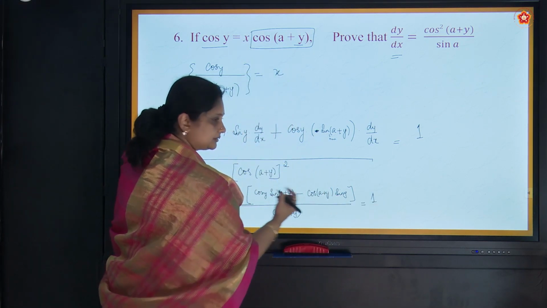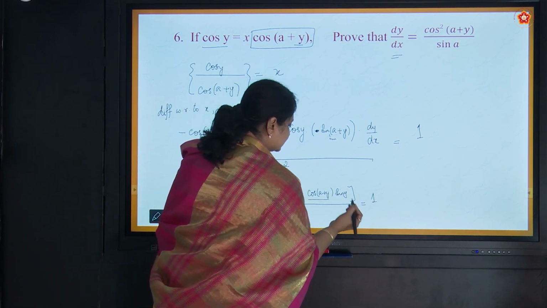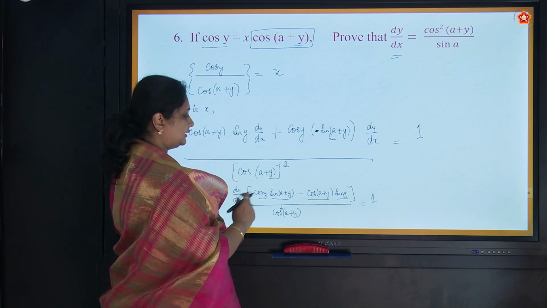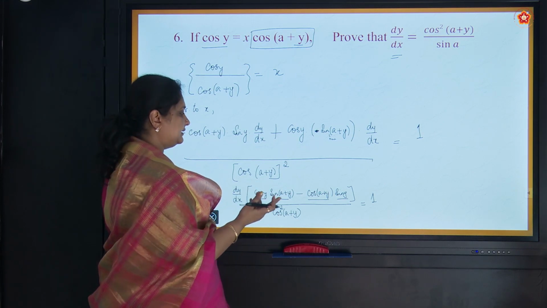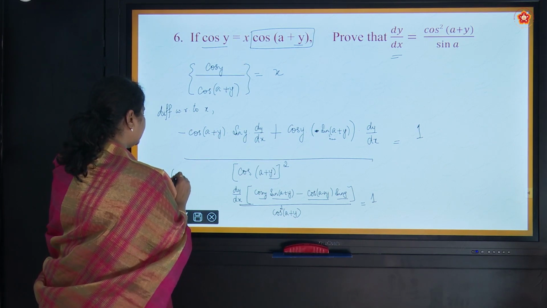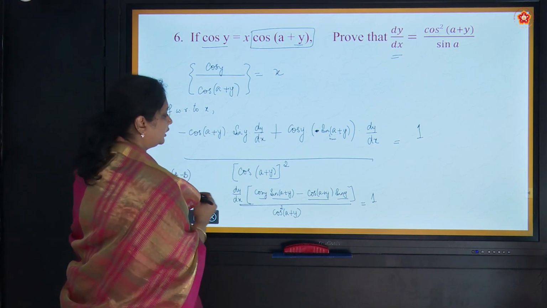Now look at this. This is cos a sin b minus cos b sin a. So what is this formula? This identity represents sine of (a minus b). So what is my a?